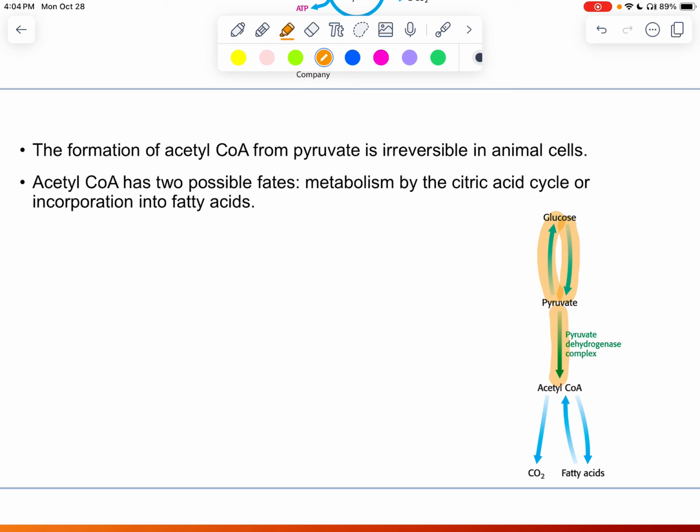Once it gets to acetyl-CoA, it can either enter the citric acid cycle, or it can be used for the formation of fatty acids. But for now, this piece right here is what we're going to look at. And since it's one way, once pyruvate enters this enzyme complex, it is committed to forming acetyl-CoA. There's no going back.